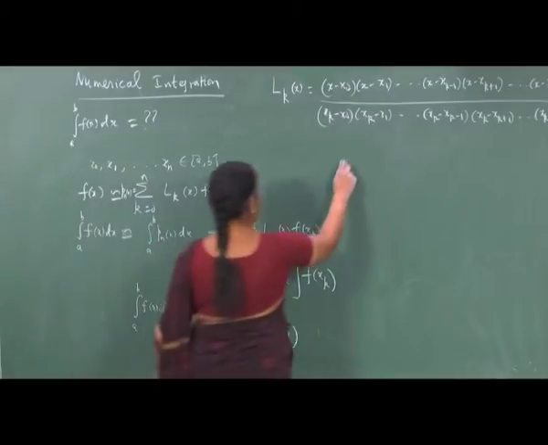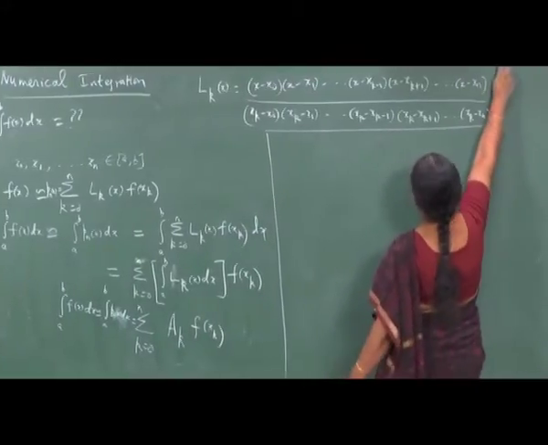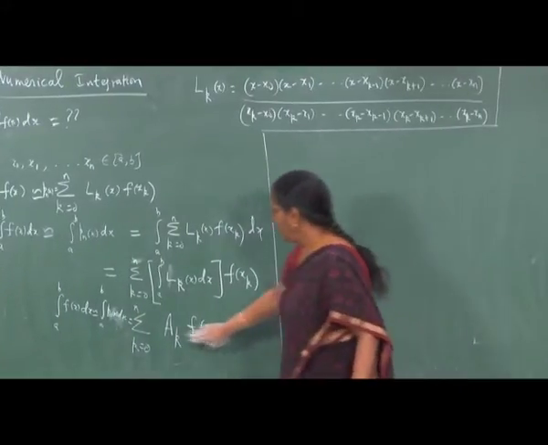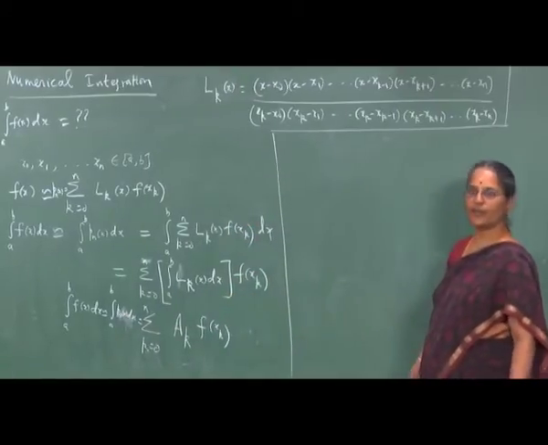In case the points x0, x1 etc. are equally spaced, then the resulting method is called Newton-Cotes formula.